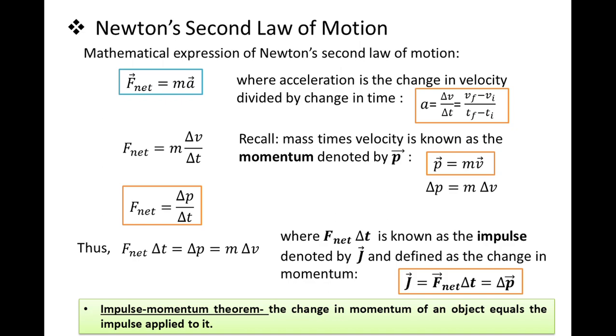An object with a lot of mass and a lot of velocity has a lot of momentum, and consequently, any change in mass or any change in velocity, or both, means a change in momentum. However, in our discussion in this subject, we will only focus on the change in the object's velocity.